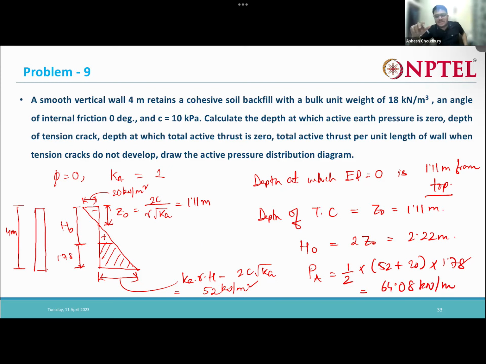Now, what would have changed if in the question tension cracks did develop?